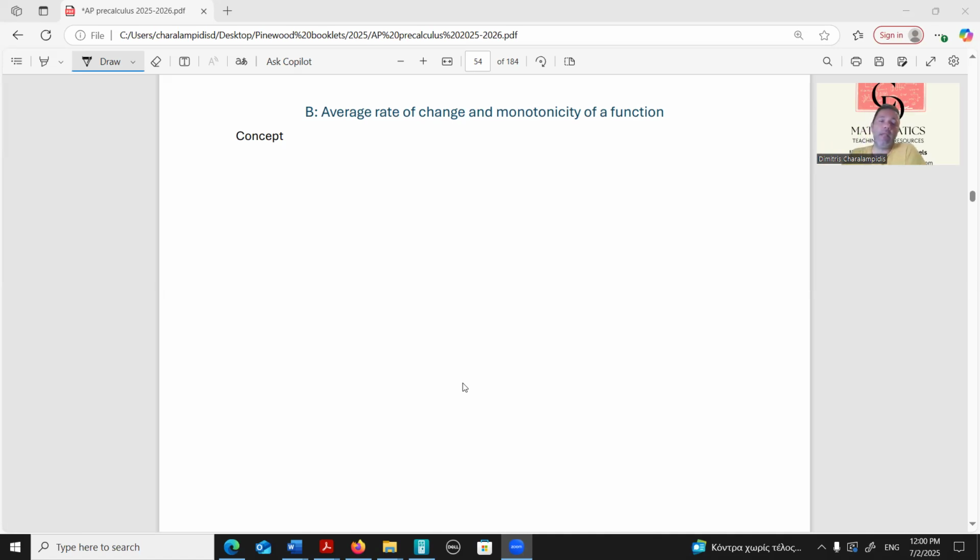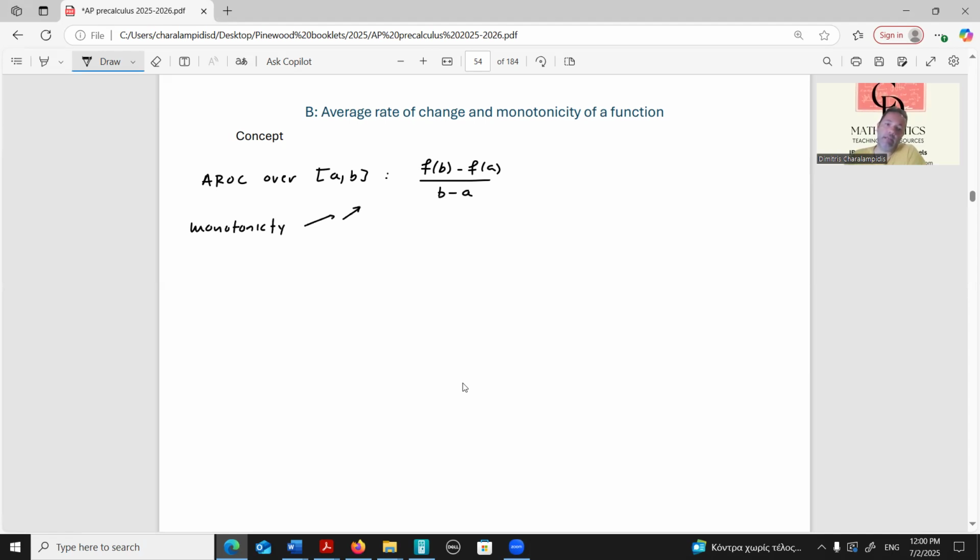Let's remember that the average rate of change over a closed interval [a, b] was defined by the quotient f(b) minus f(a) over b minus a. Regarding monotonicity, this classifies as increasing and decreasing.